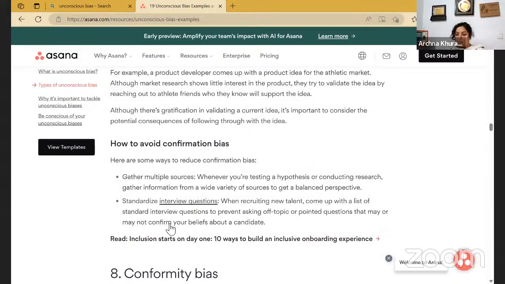So the idea is that you always do better research. How you can avoid confirmation biases is that you gather multiple resources involved in taking decisions. It should not be based on just one person's validity or two persons' validity. Sometimes, I'll tell you from practical experience, you have to take a performance appraisal, you did it, followed the whole system. Now you have to decide what percentage of raise this person needs in the organization.